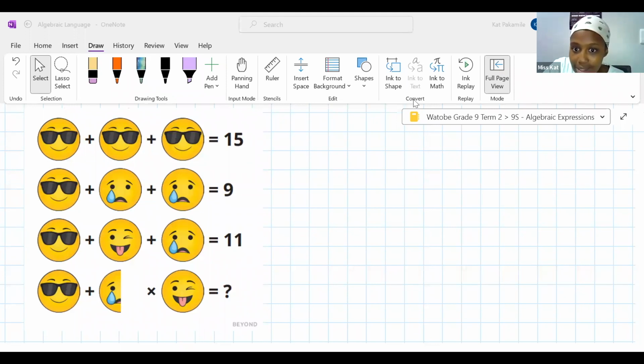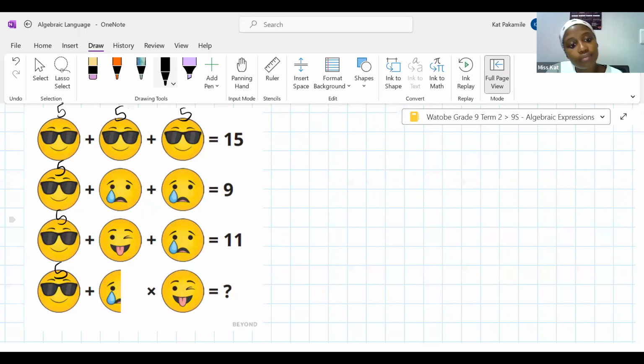Let's see. Sia's hand just went up. Sia, do you have an idea for us? The first one is 5 plus 5 plus another 5, which equals 15. So Cool Face is 5. And then 5 plus 2 plus 2, so Sad Face is 2.